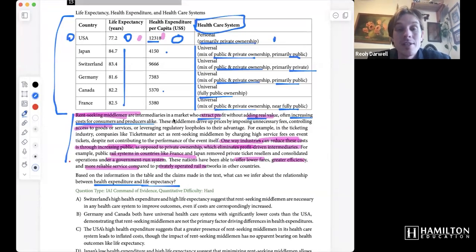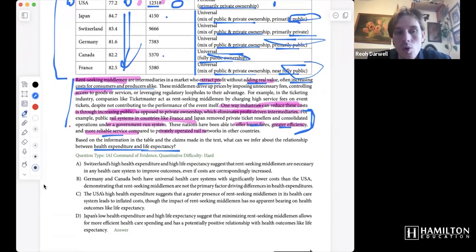And these other countries have eliminated rent-seeking middlemen by increasing public ownership of the industry. So we see that it would lead to, in other industries, lower fares, greater efficiency, and more reliable service. Seems like that is what's explaining these things.